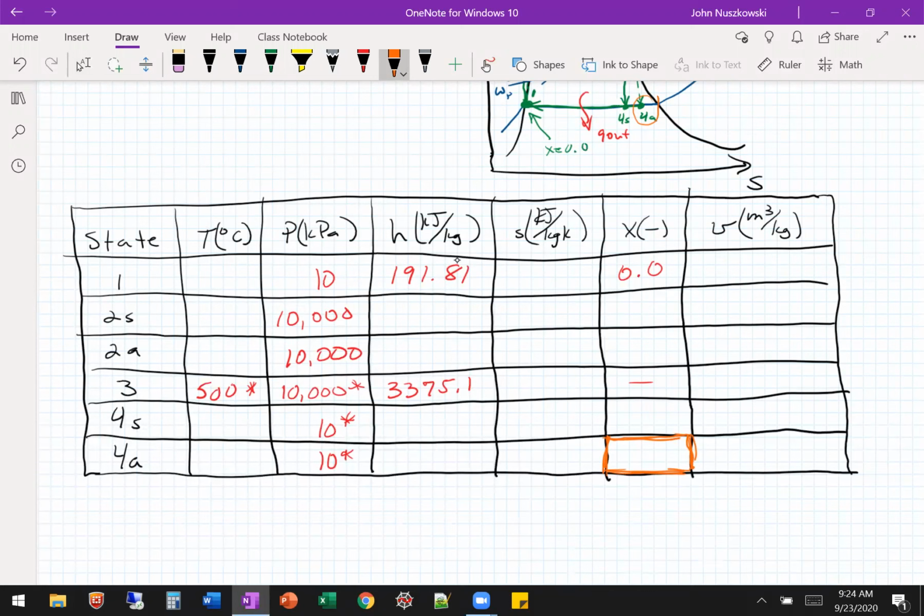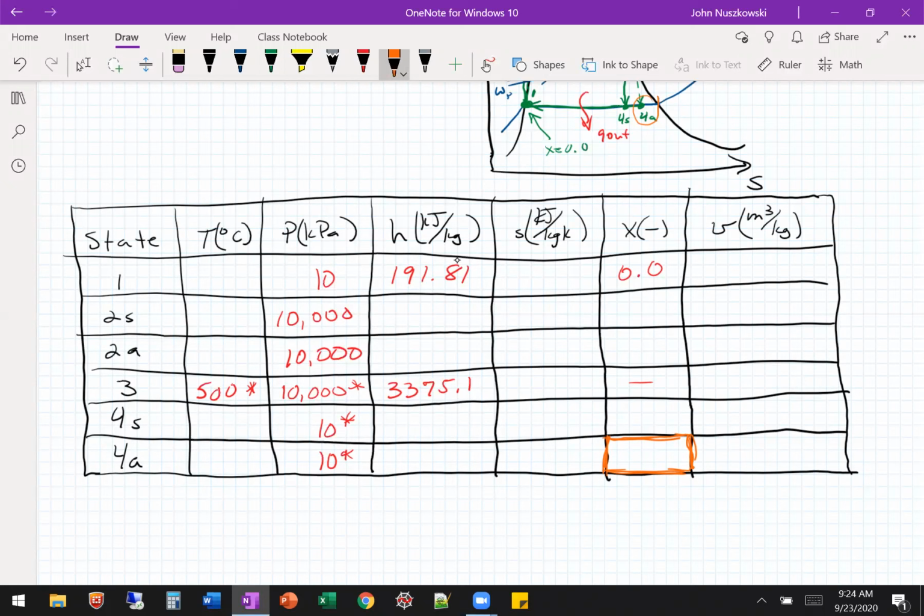Can we get any information for state 4 or 4S, for actual 4S? The entropy at 3 is the same as the entropy at 4S.